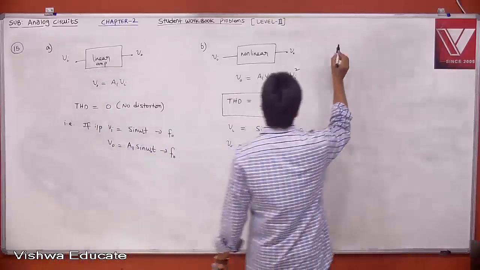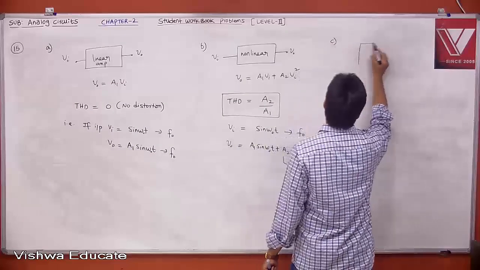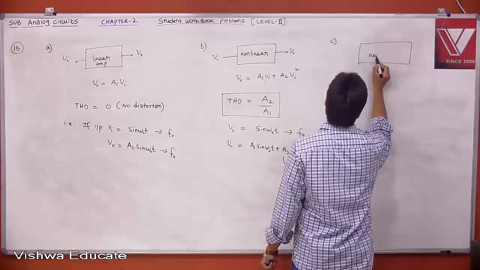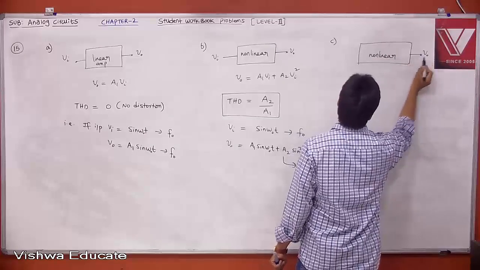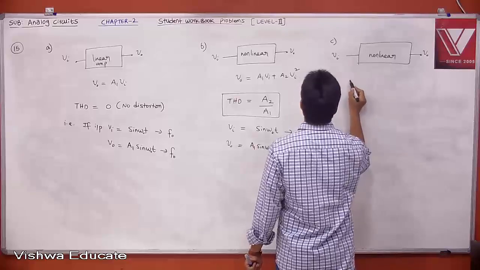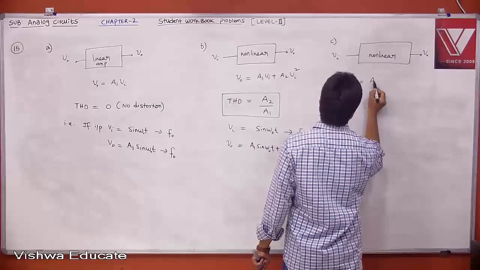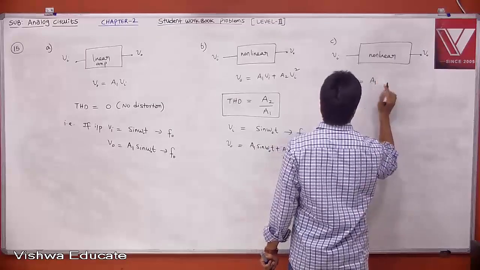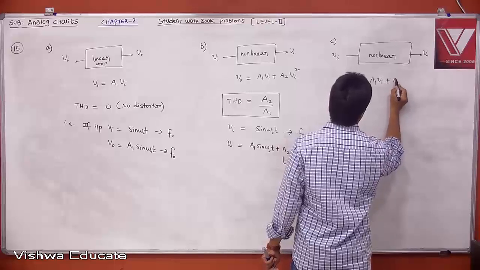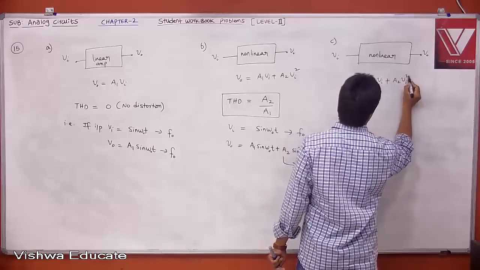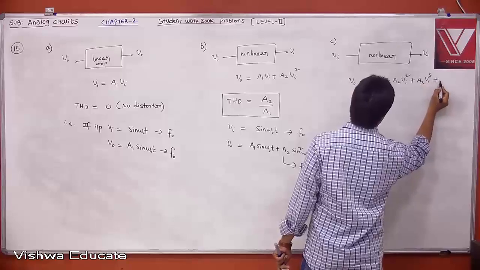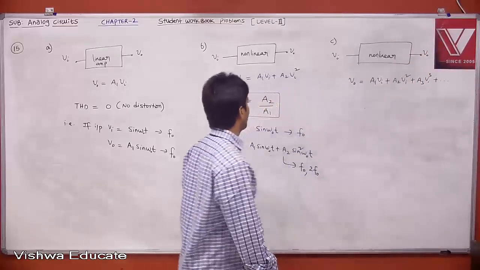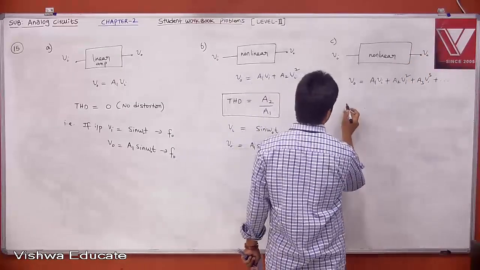Now, let us take higher order. If you take higher order, but non-linear, this is your V0 and then Vi. Then V0 is equal to A1 Vi plus A2 Vi square plus A3 Vi cube, etc. Then what is your total harmonic distortion?